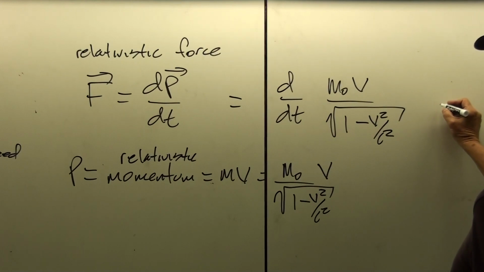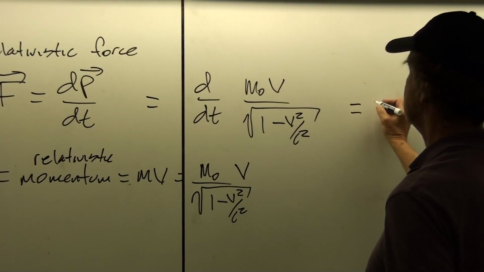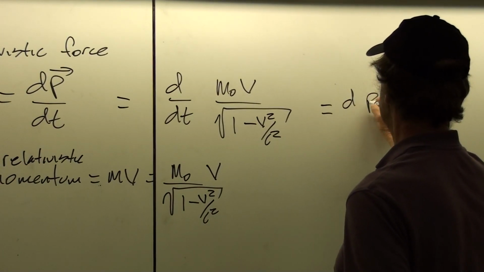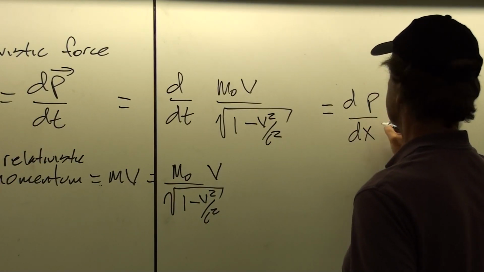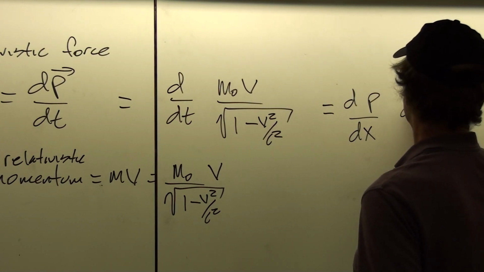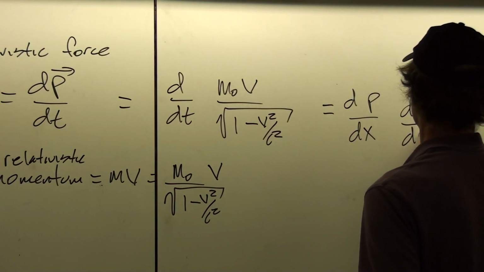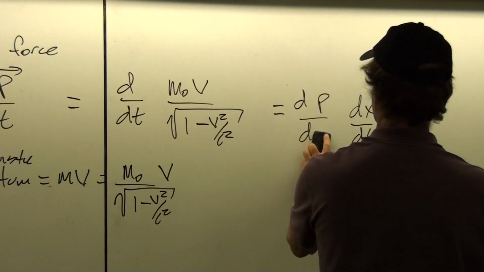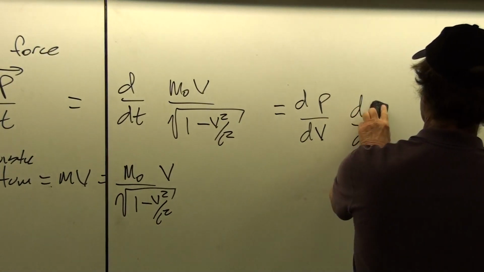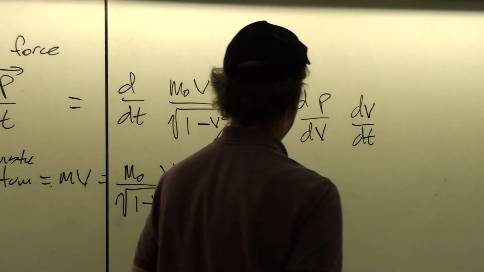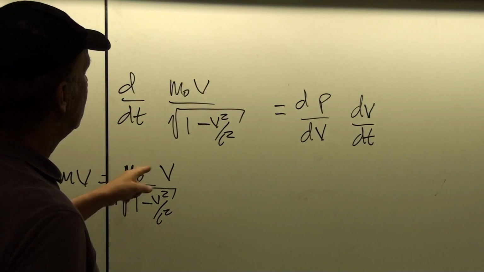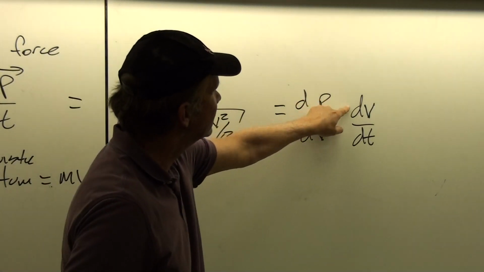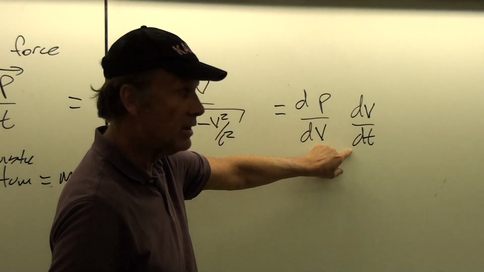We can say that this is equal to dp/dv times dv/dt. Okay, so the derivative of this expression with respect to velocity is then multiplied by the acceleration.